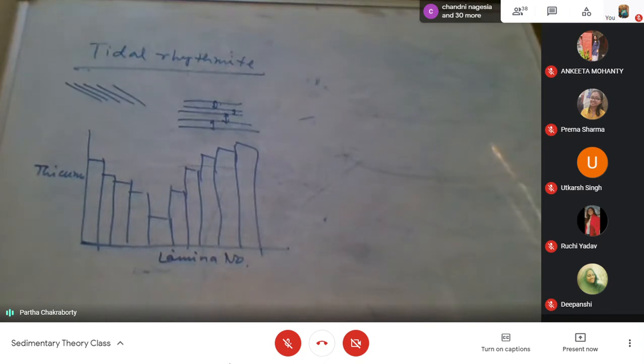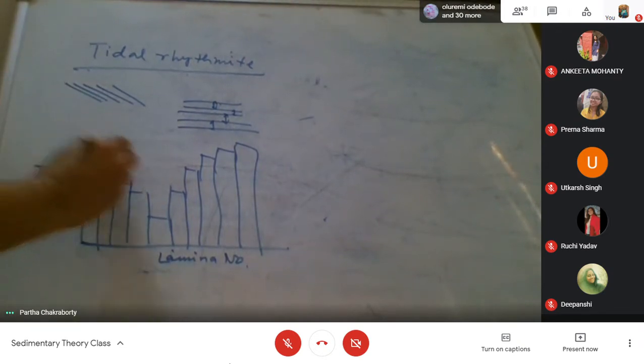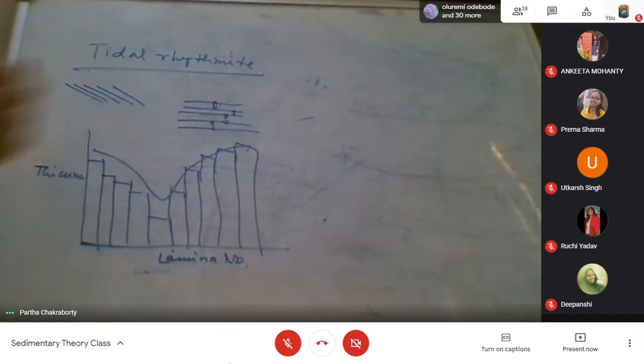Then we may get this kind of a curve. If we systematically and honestly measure this lamina thickness and plot it, we get a curve where there is a high, then a low, then a high.